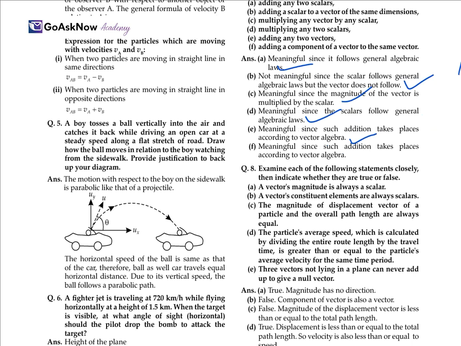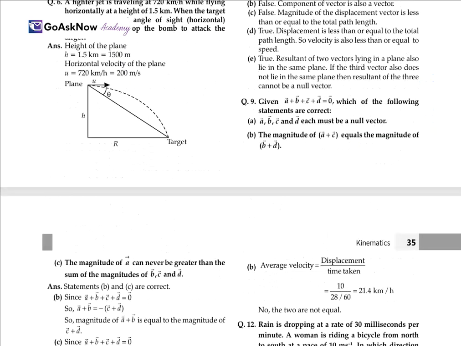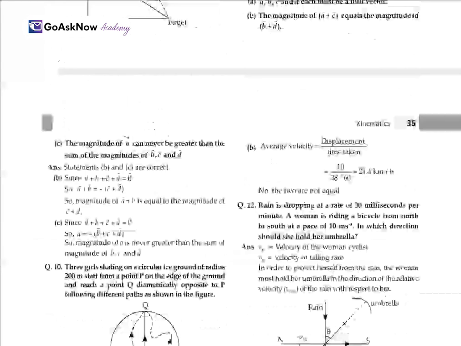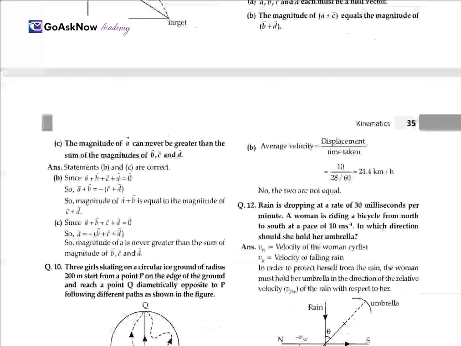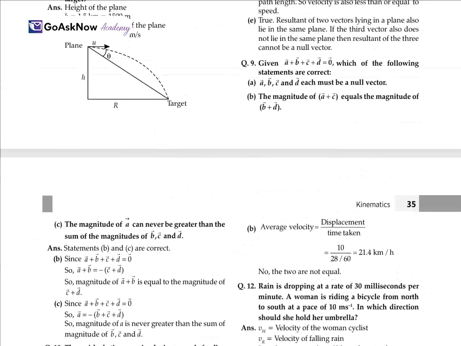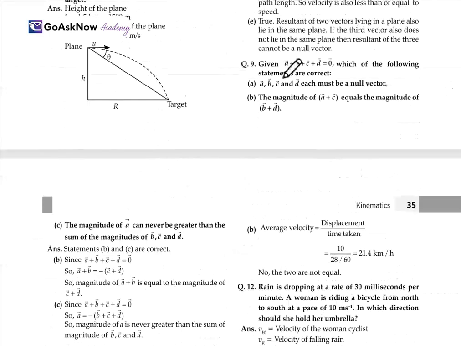The acceleration developed in the body is equal to the acceleration due to gravity of the earth. Another question: under what consideration is the acceleration developed in an object taken as constant? We have options: the height through which the object falls is greater than the earth's radius; the height through which the object falls is smaller than the earth's radius; the mass of the object is negligible; both A and D. Here option B is correct.